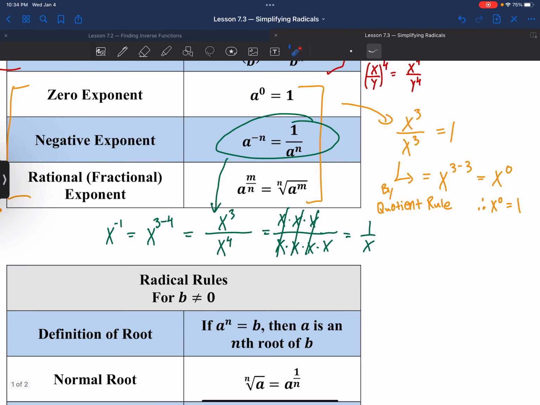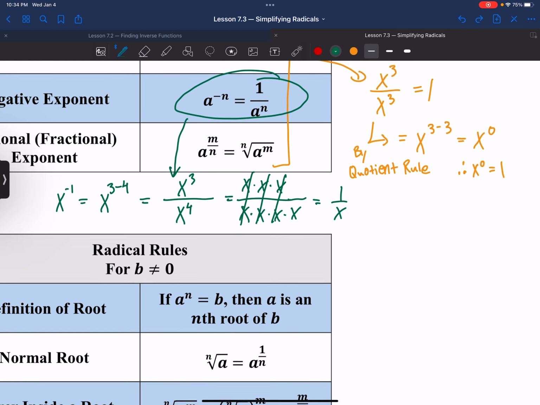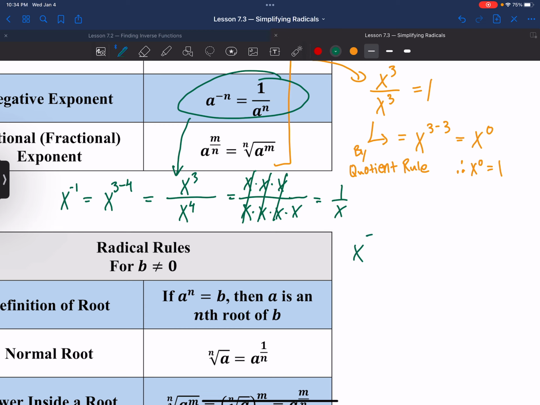I can change this, by the way. I'm going to change it just for our notes. So, no, I won't change it for our notes. I like that. But just so you can see it in the context of this video, if I did x cubed over x to the 7th, well, that's x to the 3 minus 7, which is x to the negative 4, right?